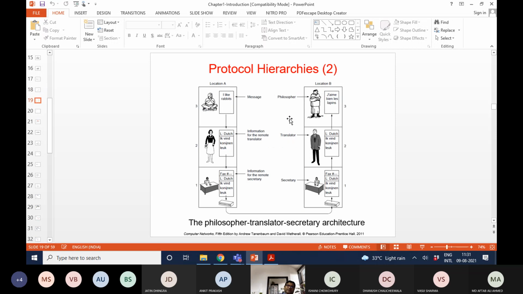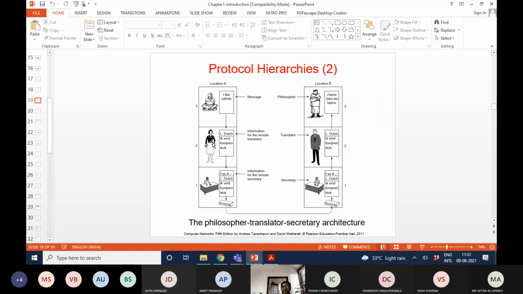Now you can take an example of how we are going to start the communication between two different devices. Take an example with location A and location B. In location A, we have the message "I like rabbits" which is going to be transmitted.